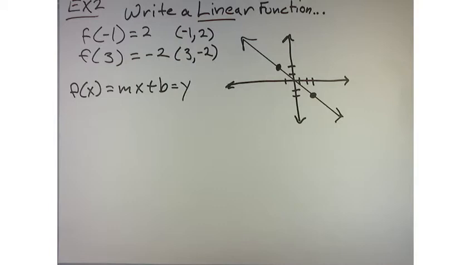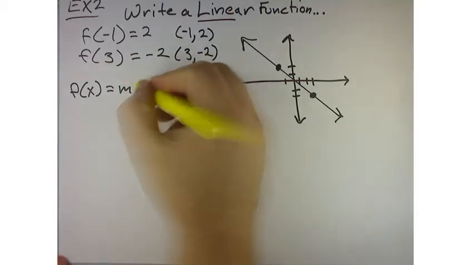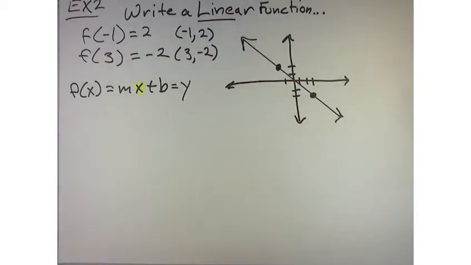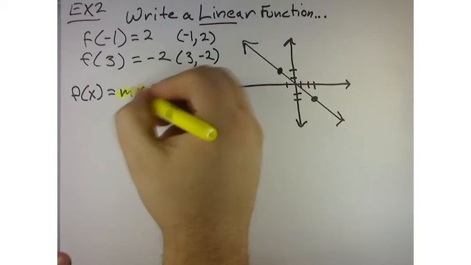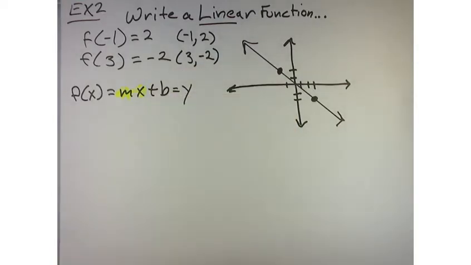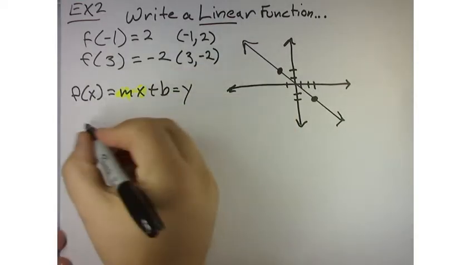How do I calculate the slope? Because in order to do this problem, I need two things. I need the slope and probably a point. And we have points. So how do I find the slope? Can somebody tell me?